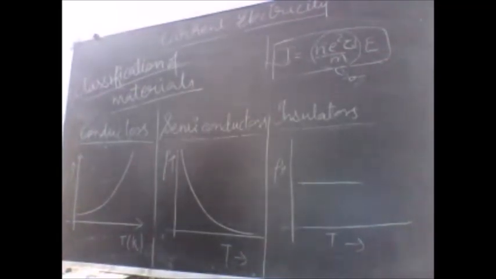One more thing, I think we should study it here only. When we are studying the graph of resistivity versus temperature for a conductor, there is a formula that governs the variation of the resistance with temperature. If the resistivity temperature graph is like this, then the resistance temperature graph should also be like this. And the formula that governs it is R_T is equal to R naught (1 plus alpha T).